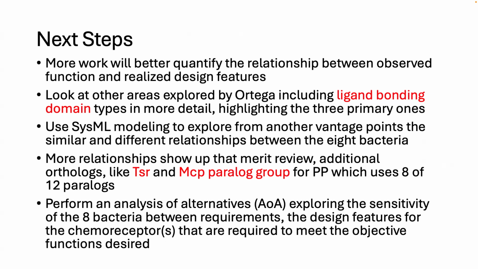Another thing found on the engineering side is something called an analysis of alternatives, where you get a chance to explore the sensitivity. So we can look at the bacteria when we consider the difference between the requirements, an engineering term for what it does, and the design features of the chemoreceptors that are required to meet the desired objective functions.